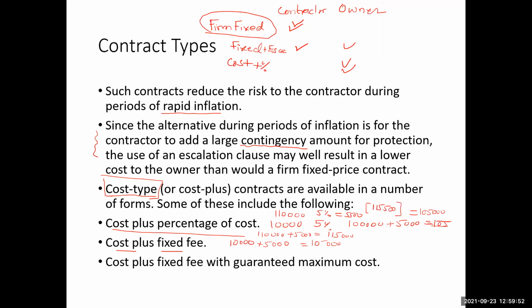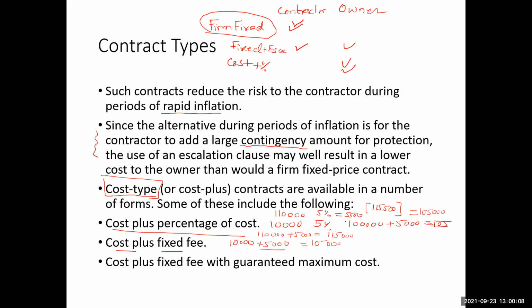In this case, you can see that with cost plus percentage of cost, the owner will need to pay 500 more compared with the cost plus fixed fee. Although the cost has increased, the owner is only paying a 5,000 fee.